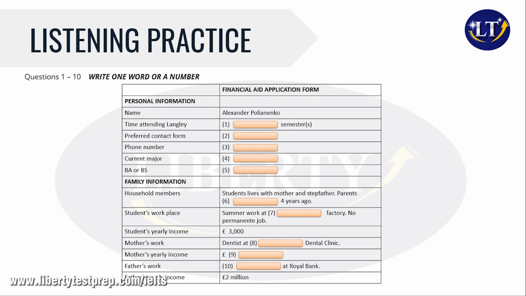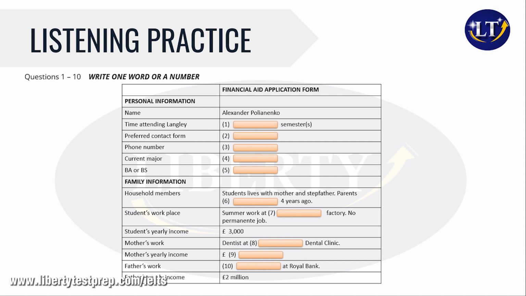Could you please spell that for me? LANCASHIRE. Thanks. And what was your mom's gross income last year? It was £120,000. No, sorry, that's the net income. It was actually £150,000. And what does your stepfather do? He's the CEO of the Royal Bank.